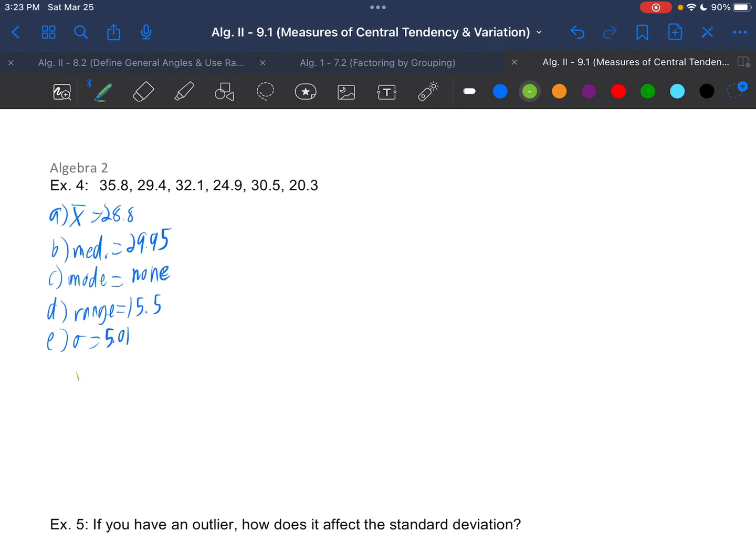So now, in order to find out if there's an outlier, you take the mean plus or minus 3 standard deviations away, and that would be 28.8 plus or minus 3 times 5.01. This gives you the range of outcomes for what it has to be to be an outlier. It has to be smaller than 13.77 or bigger than 43.83. So as long as it's between those or at those, it's not an outlier.